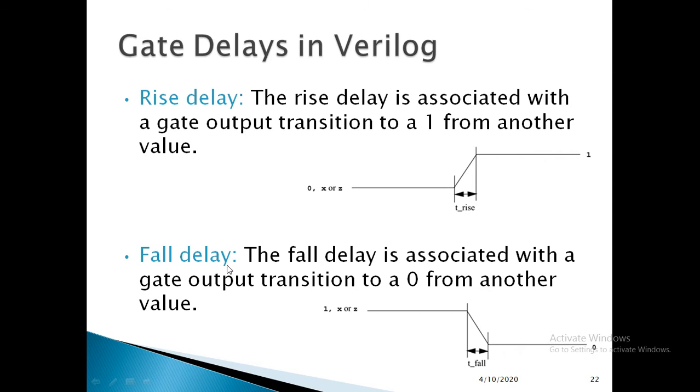Fall delay is when the output transitions to 0 from any other value. Other values include, for rise delay, 0, X, Z, and for fall delay, 1, X, Z.